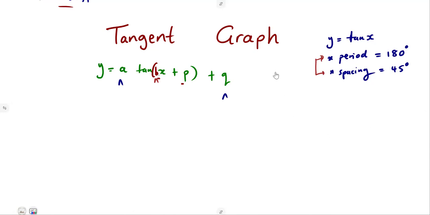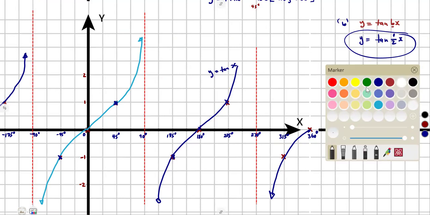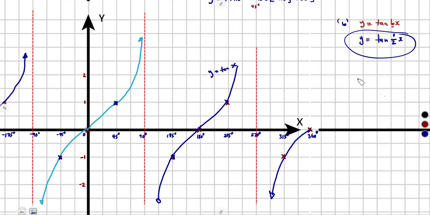So let's take for an example the graph of y is equal to tan half x, so that we properly see the effect of B. From the graph of y is equal to tan of x, our spacing is going to change as the period is going to change, the new period from the old period.